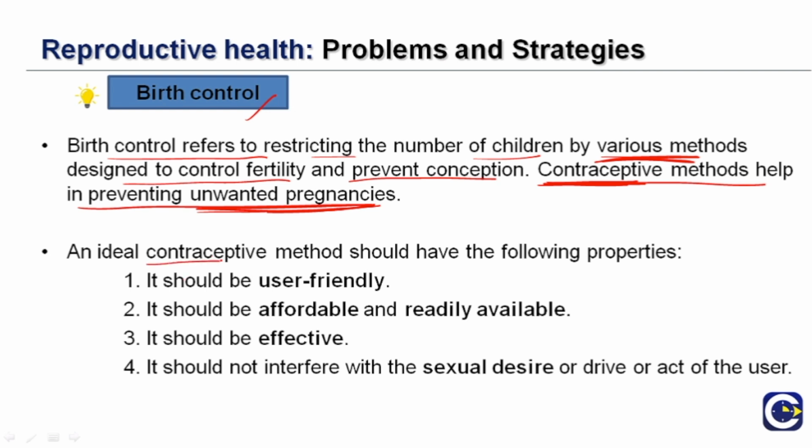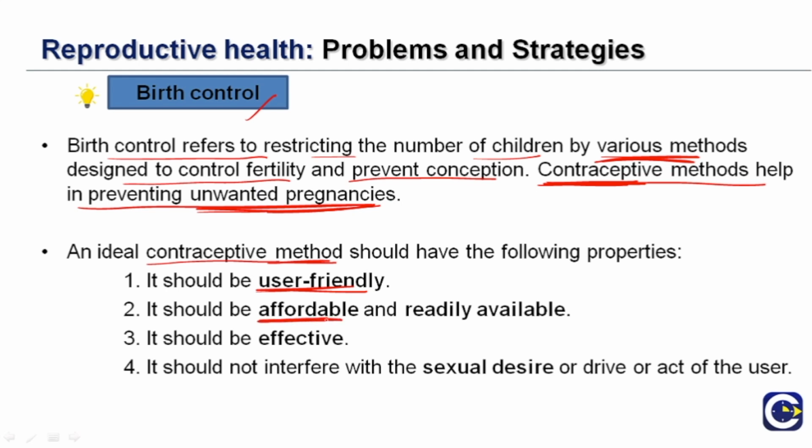An ideal contraceptive agent or an ideal contraceptive method should have certain properties. It should be user friendly, so that it is very easy to use. Like it should not be very complicated so that people have to read large manuals and things like this. So it should be user friendly.